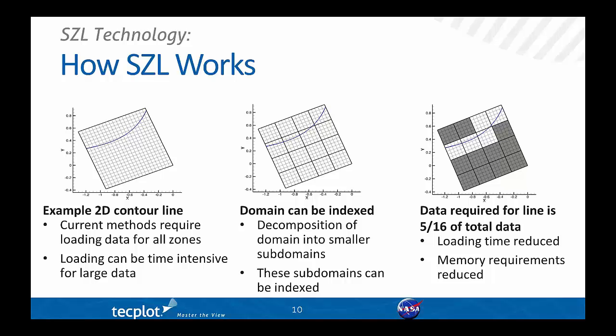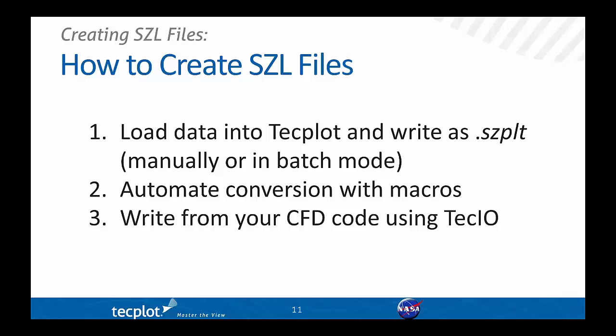Then at read time, you only have to load those subzones that are not the dark subzones, only the light-colored subzones. In this case, that's 5/16 of the total data. For a large volume data set, that may be 1/100th of the data, or even 1,000th of the data. So it dramatically reduces both the memory requirements and the time it takes to read that data. That's the basic idea of how subzone load on demand, or SZL, works.